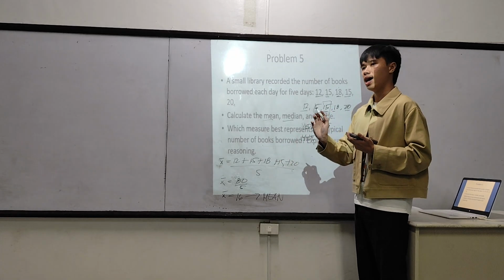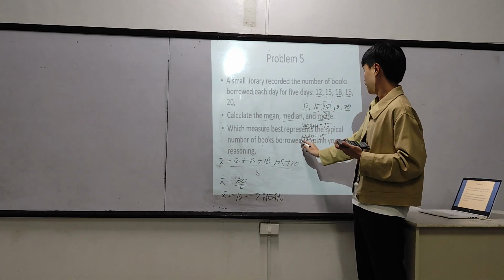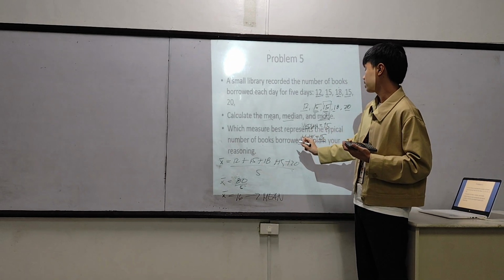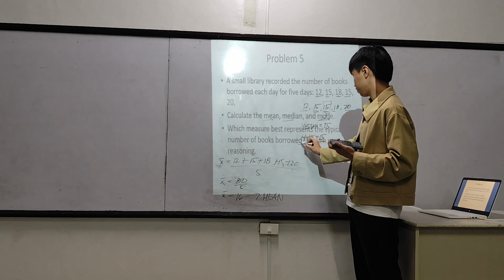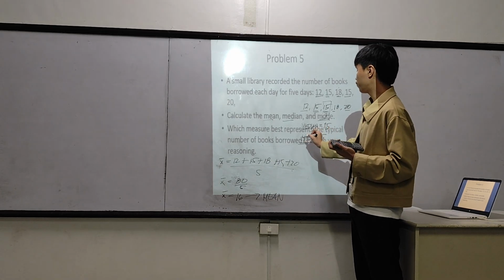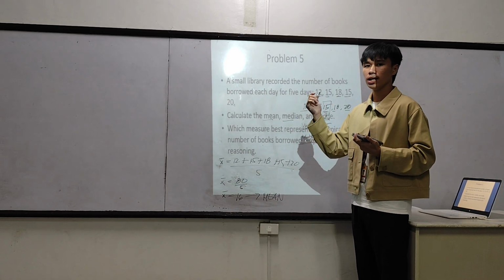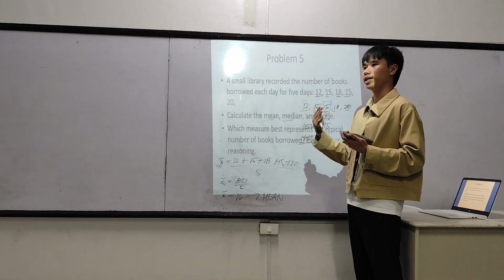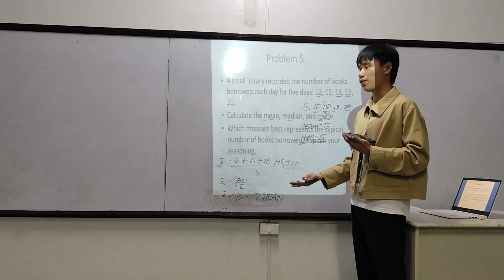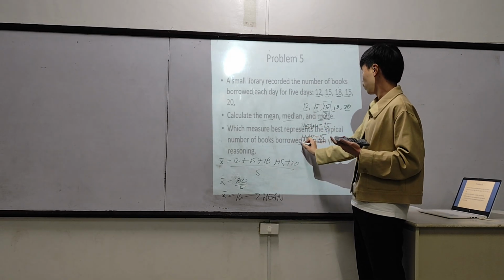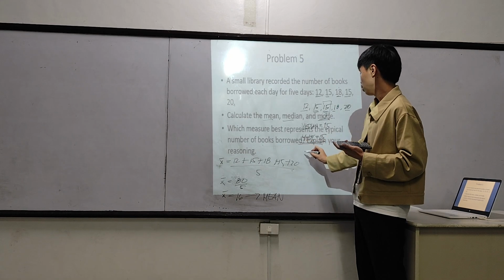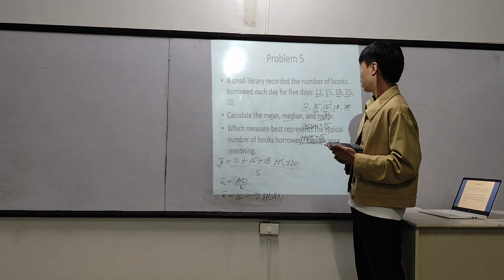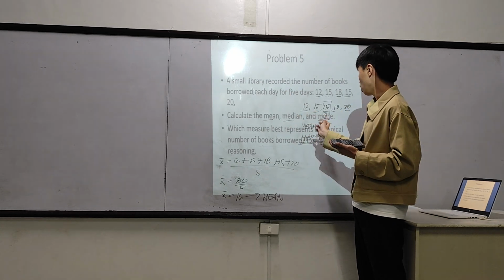The best explanation is the mode, because in that case we can say that 15 books were borrowed on two of the 5 days. So we can conclude that 15 would be the best representation of the typical number of books borrowed in this small library.